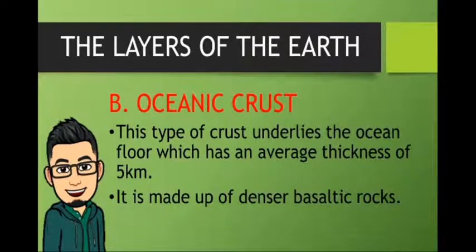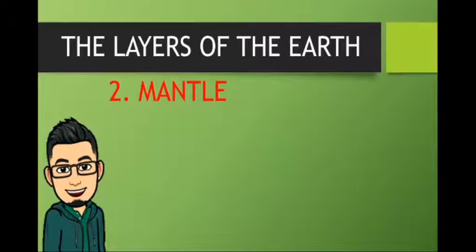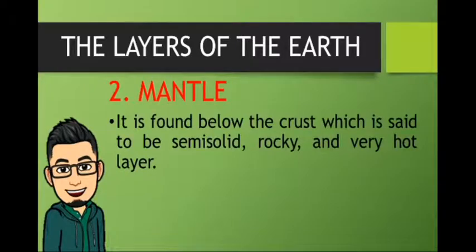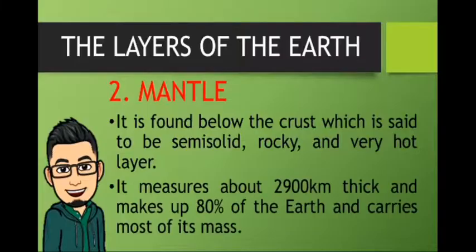So let's proceed with the second layer, which is the mantle. So mantle is found below the crust, which is said to be semi-solid, rocky, and very hot layer. So it measures about 2,900 kilometers thick and makes up 80% of the earth and carries most of its mass.